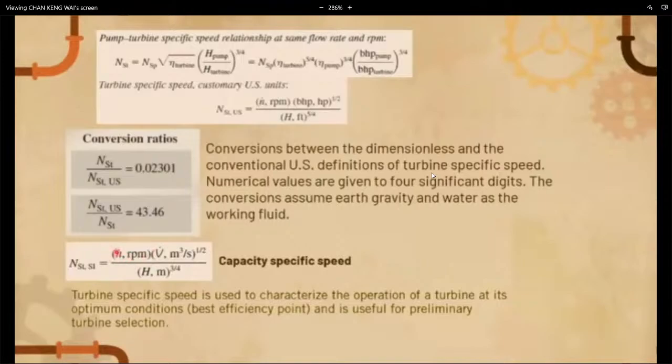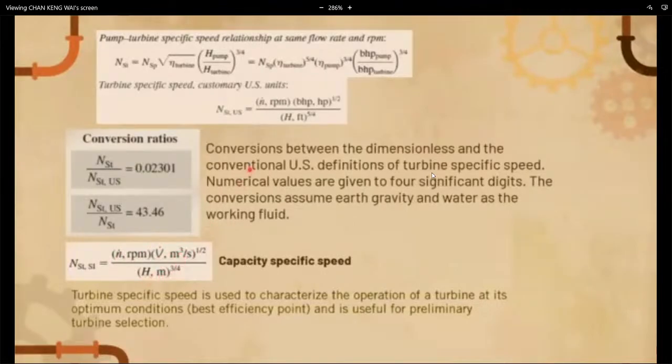Okay, so for example, if you look at here, this is the SI. So you have the N, this N is in RPM, and then this volumetric flow is in meter cube per second, and this height is in meter.